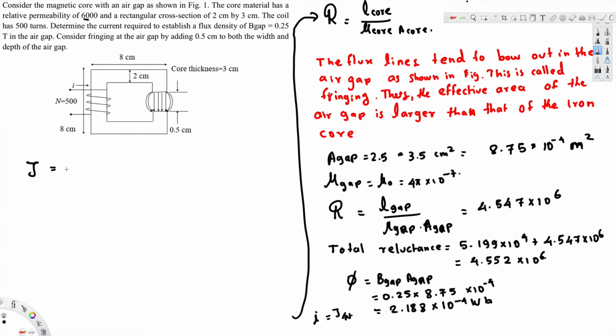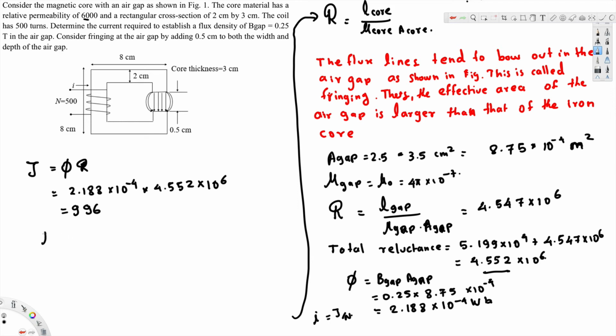J is equal to phi times R. We calculated the phi right here, that is 2.188 times 10 to the power of minus 4, and R is the reluctance calculated right here, 4.552 times 10 to the power of 6, and that gives us 996.